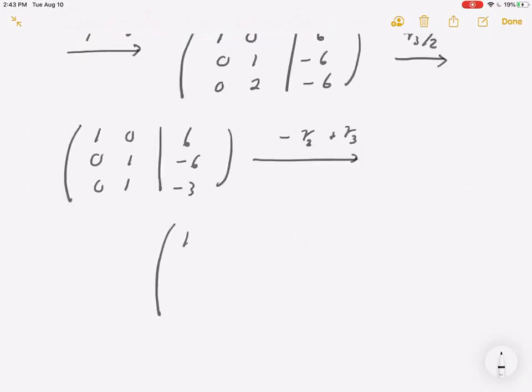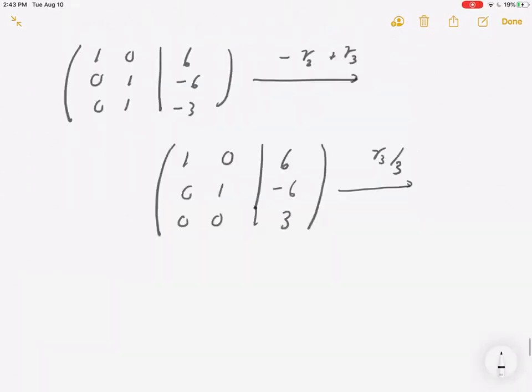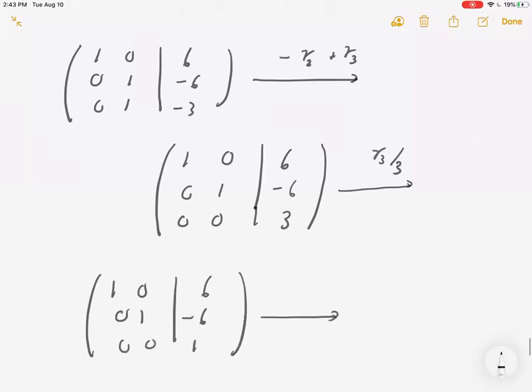And lo and behold, well, I'm almost there, right? Let me divide row 3 by 3. Let me take a copy of row 3, multiply it by 6, and add that result to row 2.